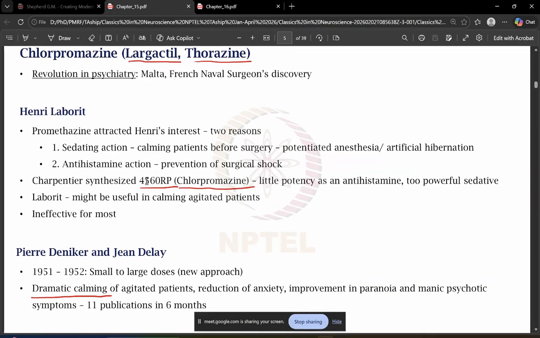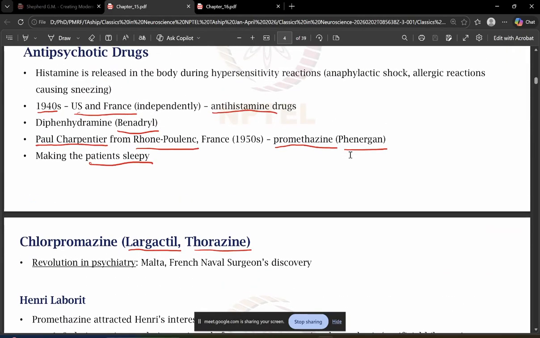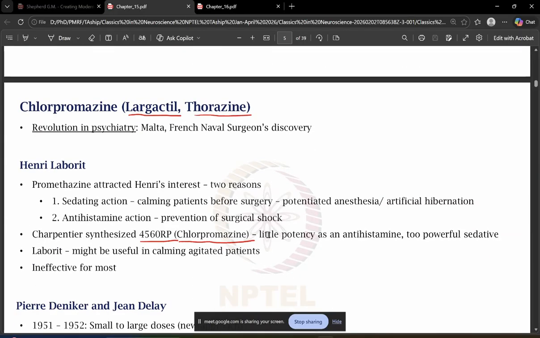But unfortunately, according to Charpentier, they saw that 4560 RP did not have enough potency as an antihistamine, and that it was too powerful as a sedative. So they were not actually using it. They had just shelved it.